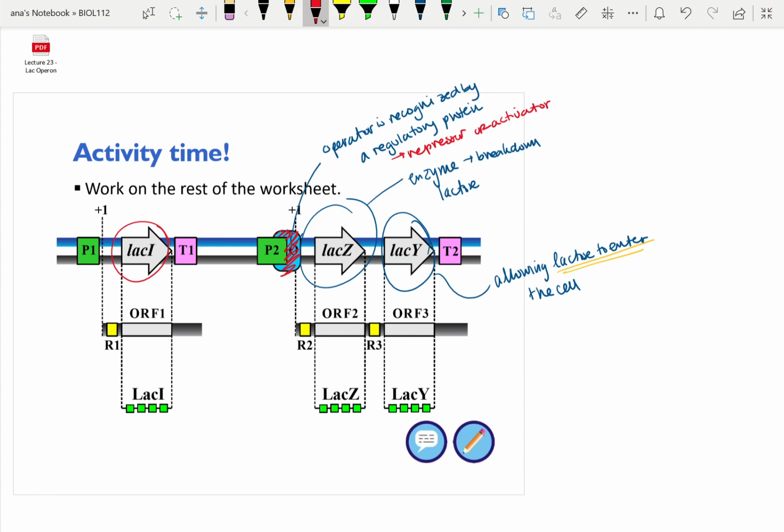It can't find its sequence because it's not the same as it's used to seeing, because it's been mutated. So in the absence of lactose, in the wild type, we would see repression of transcription. But in this mutated version, we don't see repression of transcription because nothing can bind to the operator.